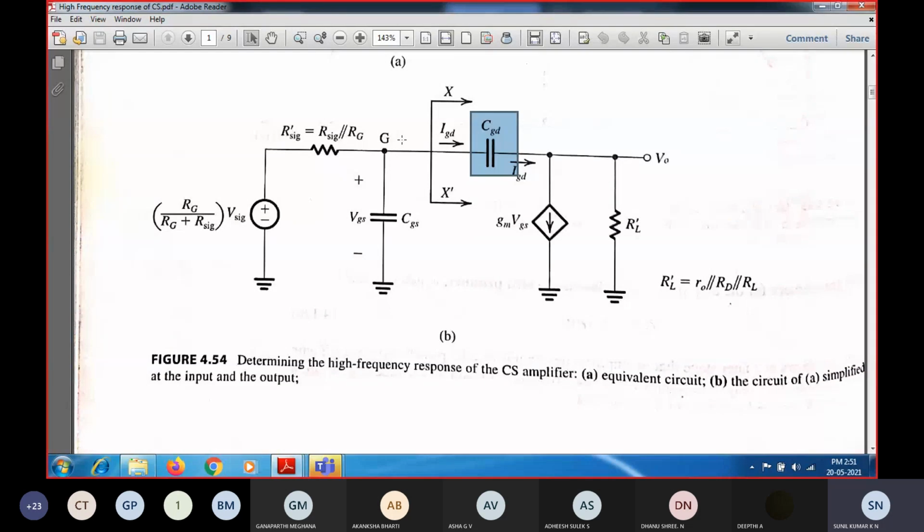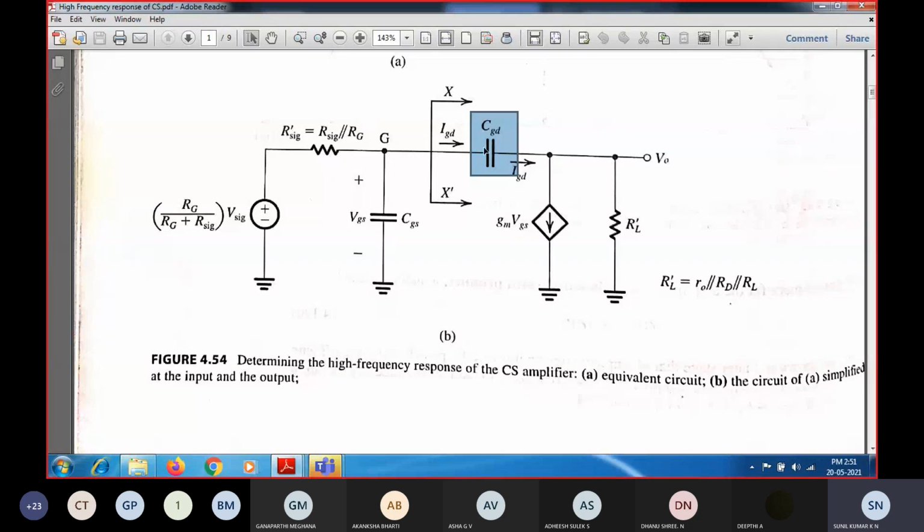If I find it, then I can remove this CGD between gate and drain and connect an equivalent capacitance which is going to draw an equal amount of current without changing any terminal voltage or current value.